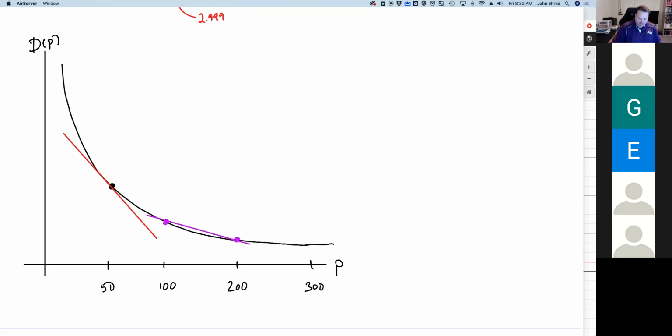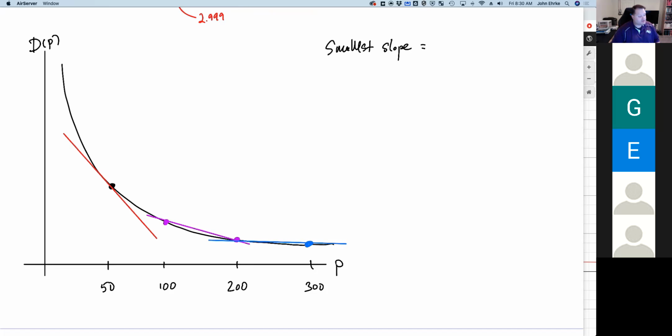So that's the average rate of change over the interval from 100 to 200. And then finally, the average rate of change from 200 to 300 would be this line right there. So in terms of ranking them, which one has the smallest slope?